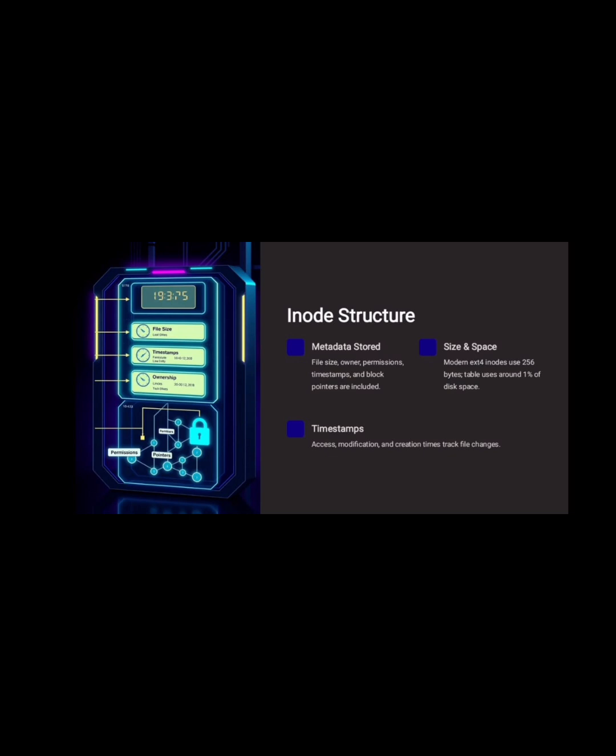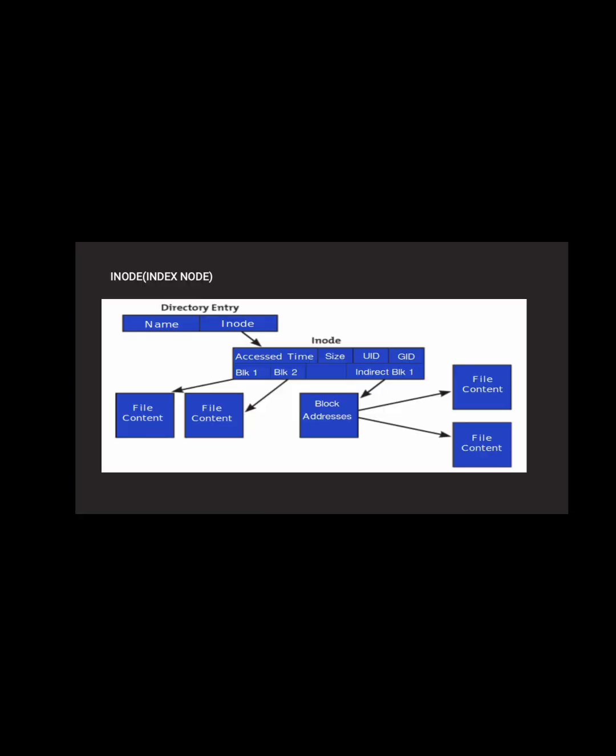Owner ID, group ID, file size in bytes, timestamps for last access, modification and inode change, link count, the number of hard links to the file, disk block locations, and inode number, the unique identifier for the inode, the index node. A directory entry contains name and inode. Access time: an inode contains access time, size, UID, GID, and file contents.